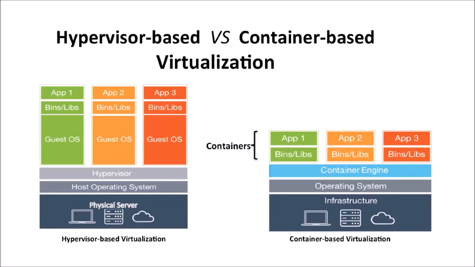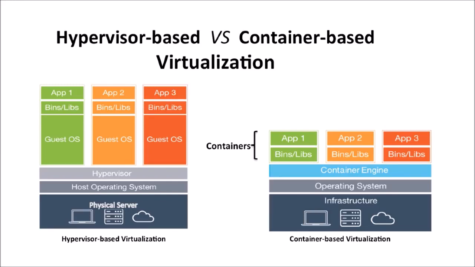Let's take a look at the diagram here. Underneath, we have our server, and this can be either a physical machine or a virtual machine. Then we install our operating system on the server. On top of the OS, we install a container engine, which allows us to run multiple guest instances. Each guest instance is called a container.